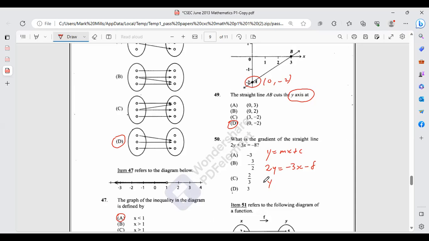So y is equal to negative 3 over 2 x minus 4. So what's my gradient here? Sir, negative 3/2.